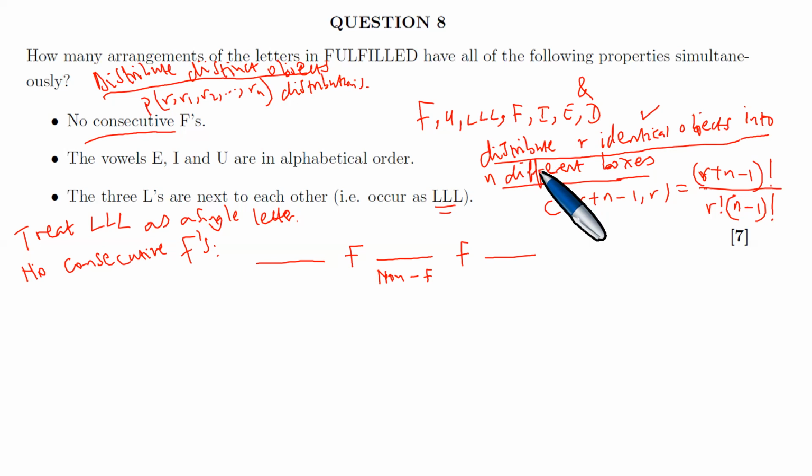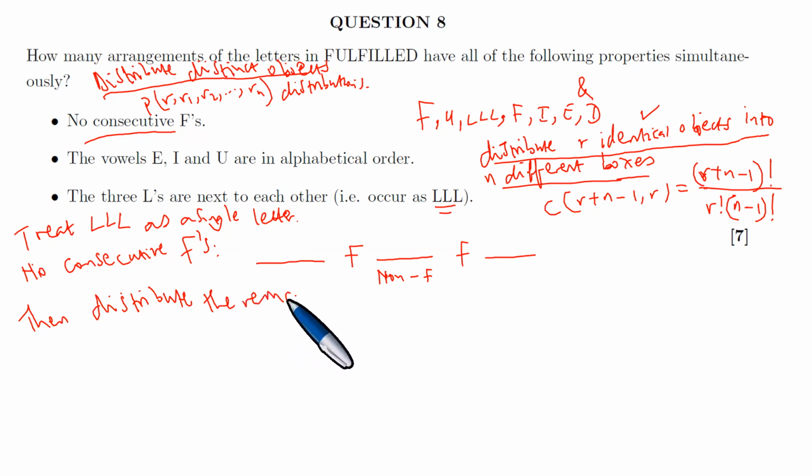This is what we do. Then distribute the remaining. There will be 4 non-Fs in the 3 boxes.